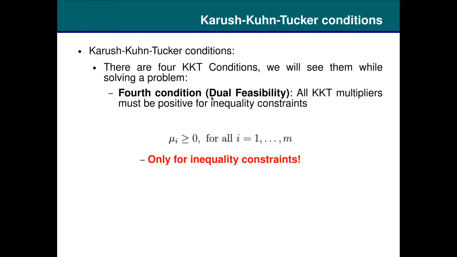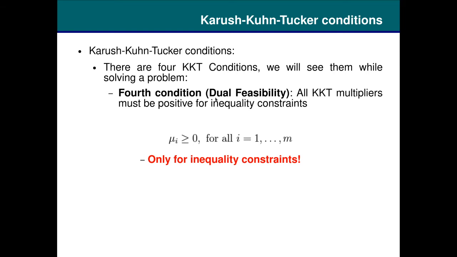When I ensure the primal feasibility, as we've seen before when we were talking about the first condition, we ensure that in the original space of the problem, the solution meets the equality and inequality constraints. When we talk about the fourth condition, or dual feasibility, we are talking about a second space in which our problem can be written in this second form.